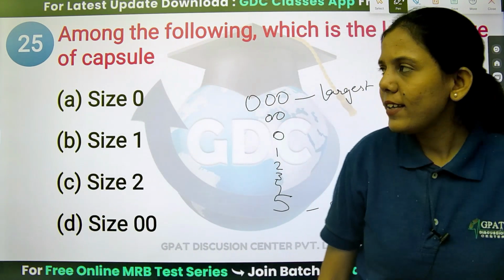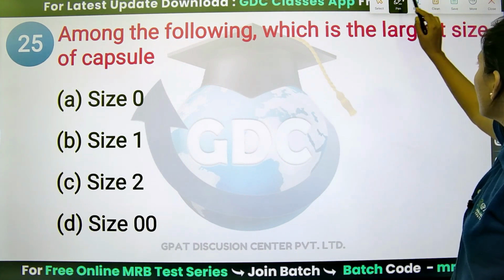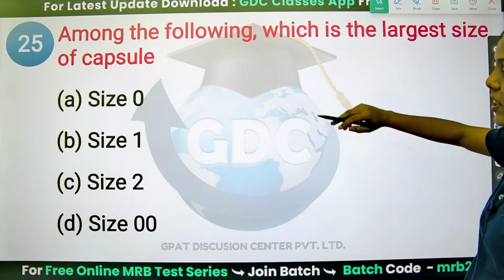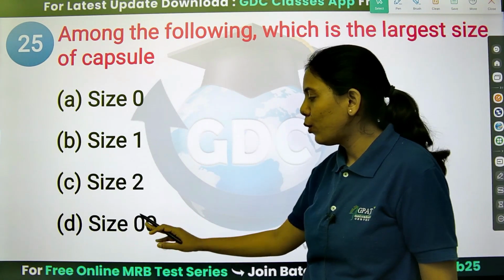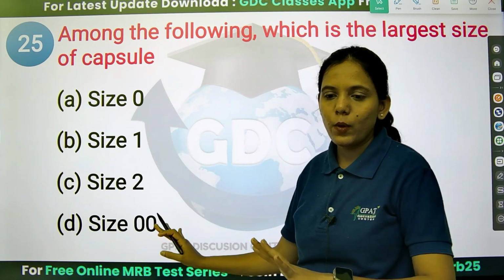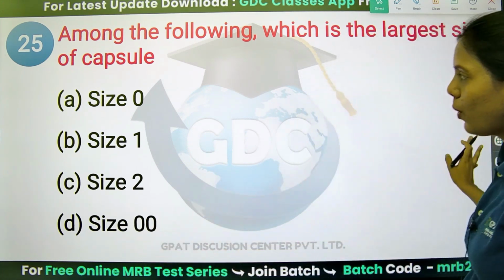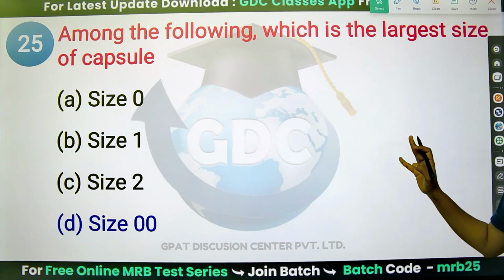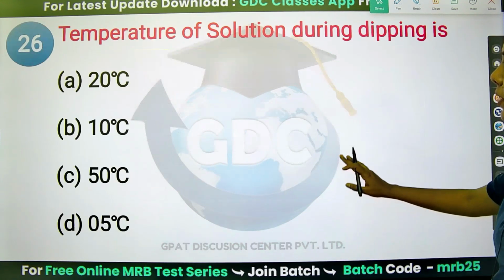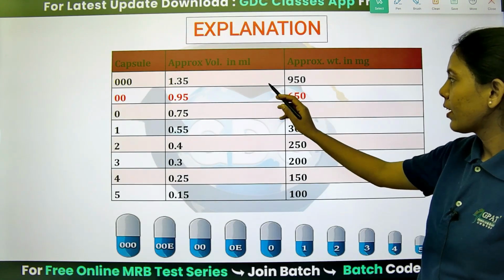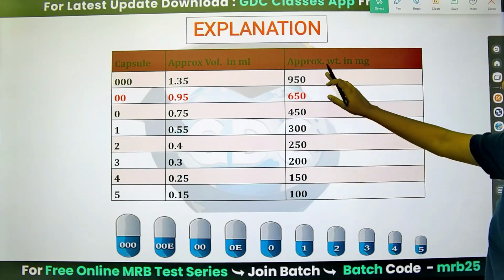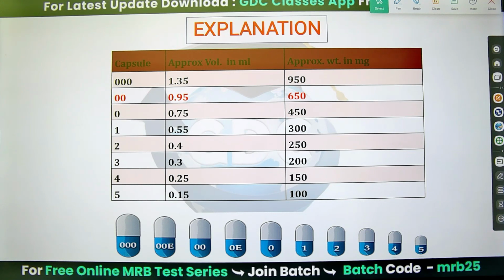Very easy to remember. They are asking which is the largest among 0, 1, 2, 00. Here 000 is not there, so 00 is the right answer. Here you can see the approximate weight in mg that you can fill.